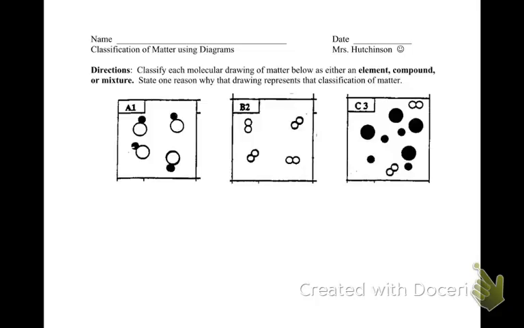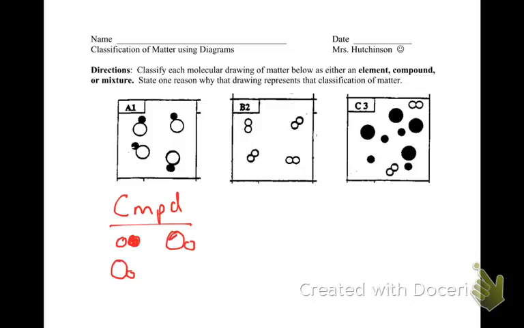If it's a compound, remember a compound is made up of multiple elements. So a compound can be made up like that, where we have 2 different elements. It could be like that, because they're 2 different elements, 2 different sizes.